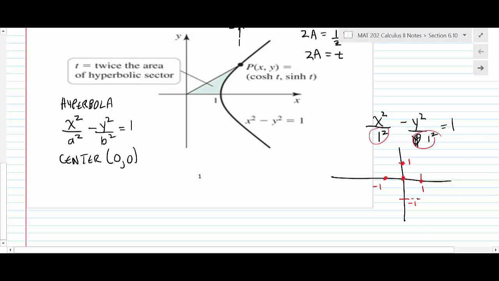Then I teach students to draw a little box around that. Then you draw asymptotes like this. And then the sketch of a hyperbola looks like this. It's centered around that point, then it approaches those asymptotes like that. That's a very super fast review of what hyperbolas look like.